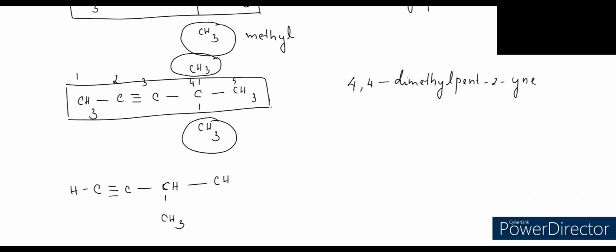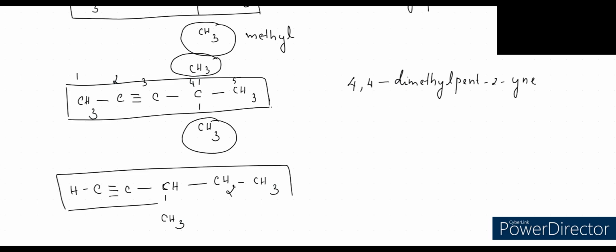Now, one last example. Look at this. Longest possible continuous chain has to be selected. I did that. Number the carbons so that the triple bond gets the lowest possible number. Triple bond is between carbon 1 and 2. So this will be 3-methylpent-1-yne.